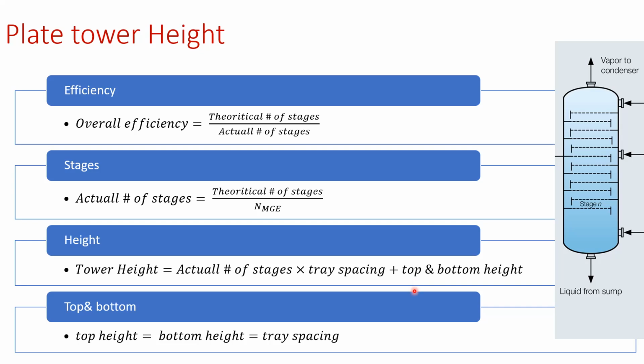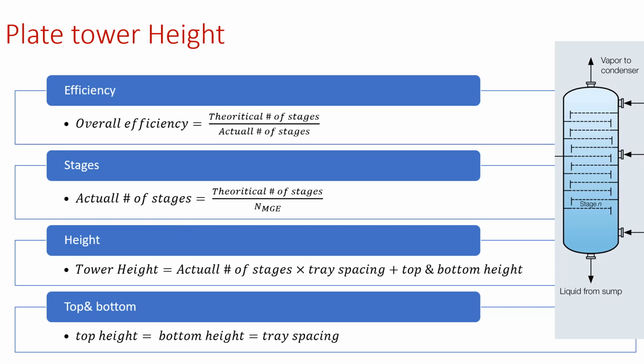The last thing that I would like to mention here: if you remember, when we were calculating the ideal number of stages or theoretical number of stages, we were getting values, for example, 5.3 or 5.2. And at that level, we were saying we should not round it up to the next number of stages, because this is only an ideal number of stages. Now, we calculated here the actual number of stages.